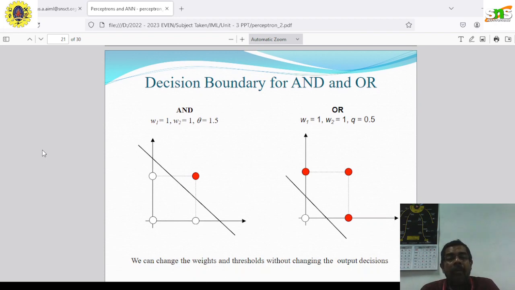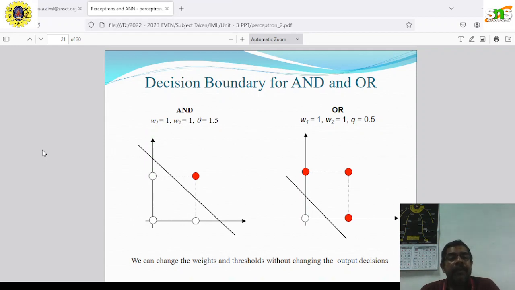We know how AND works: if both inputs are 1, the output of AND is also 1. Instead of the normal 0 and 1, here we use plus 1 and minus 1 for the inputs. This way we make the decision boundary for the AND operation.